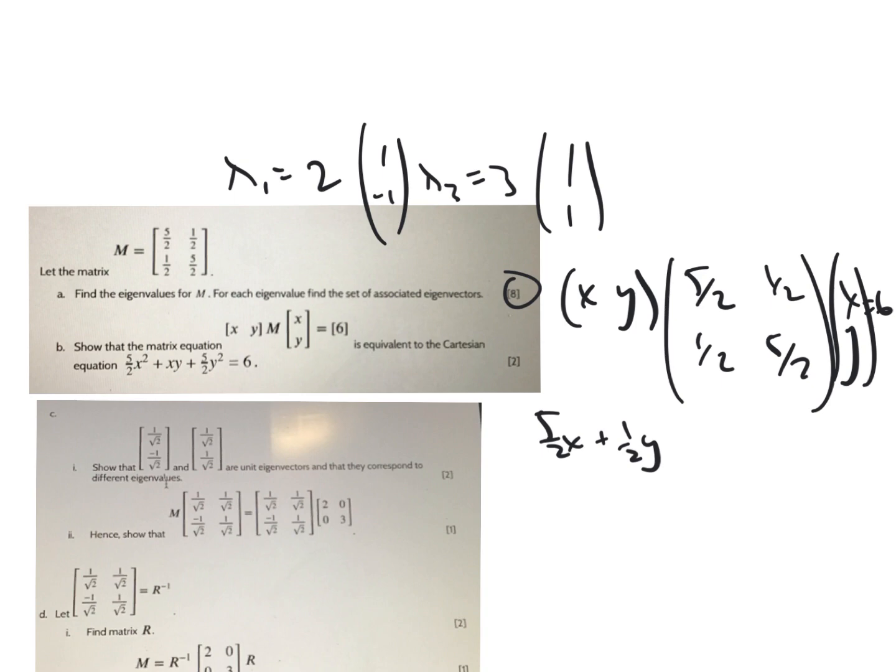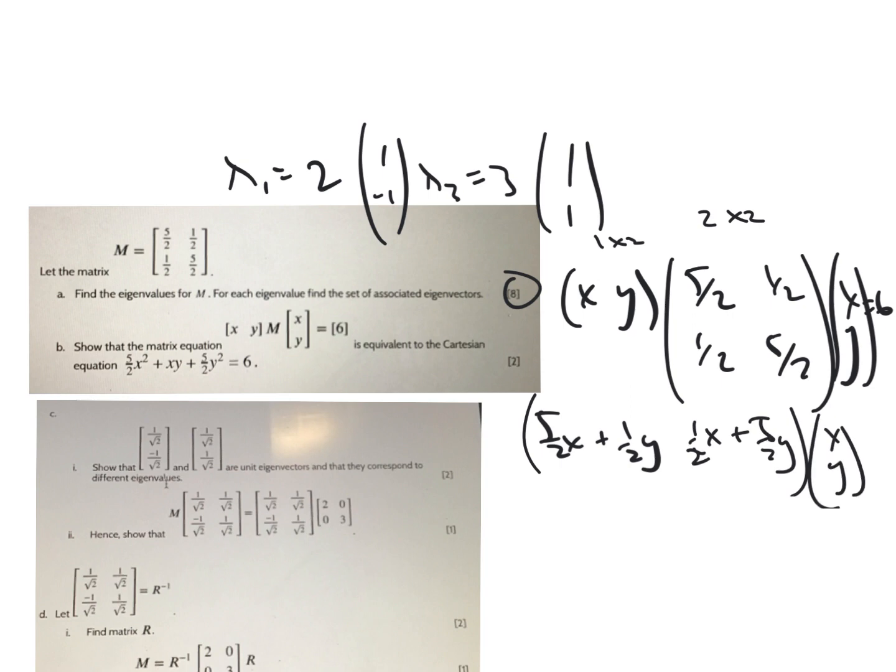And it ends up, because I know this is a 2 by 2, and this is a 1 by 2, I know I'm going to end up with a 1 by 2, and so the x will go with half x plus 5 halves y, and then times xy.